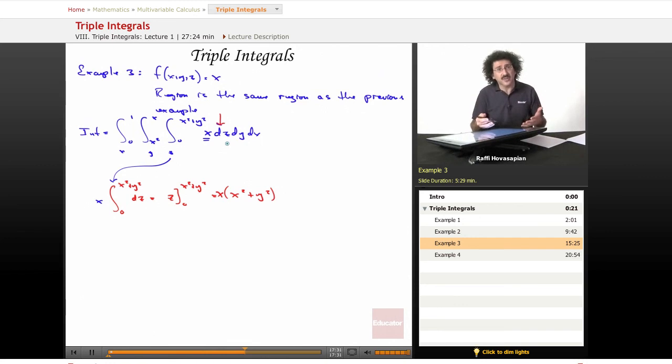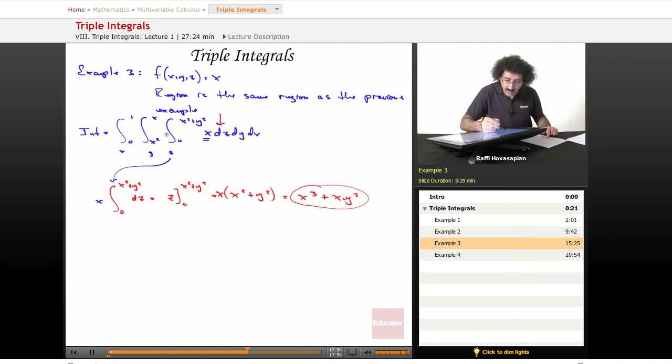So I'll multiply this out, so I end up with x cubed plus x y squared. That's it. So now this thing is going to be my new integrand for my second variable.